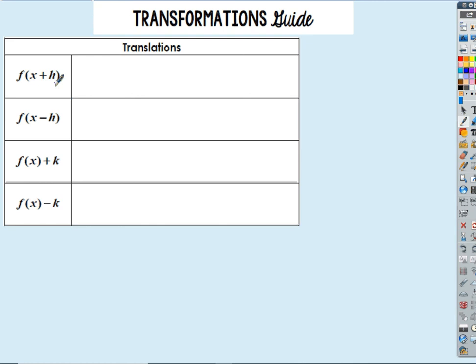If you're adding a positive number, go to the right, wouldn't it? Or left. And sorry, this is the one that's the opposite. Yeah, this is the one that's a little backwards. So this is the one where we're going to go left by h. Okay, it's going in the negative horizontal direction. Okay, h is for horizontal. So we end up with it's going to go left by h.